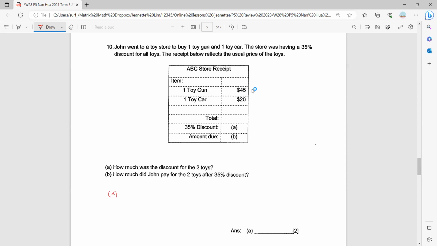So you can find the total first, 45 and 20. You get $65. So 35%, 35 over 100 times 65 will give us $22.75.